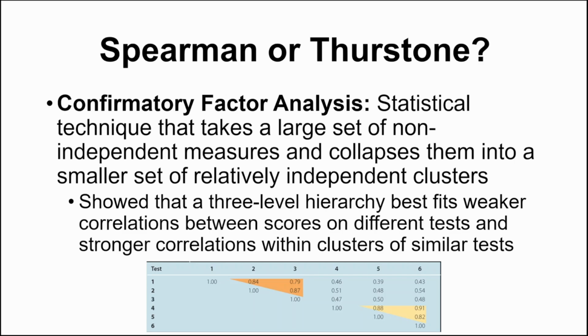And then we'd say, based on these individual scores across all of these tasks, what patterns are we seeing? So we use this statistical technique to collapse all of those interconnected measures into things that are more independent, our clusters that show us these things tend to be related to one another.